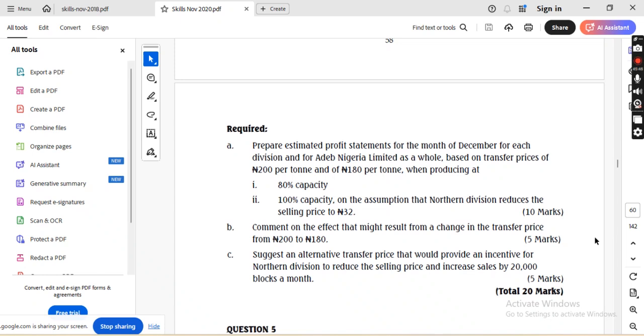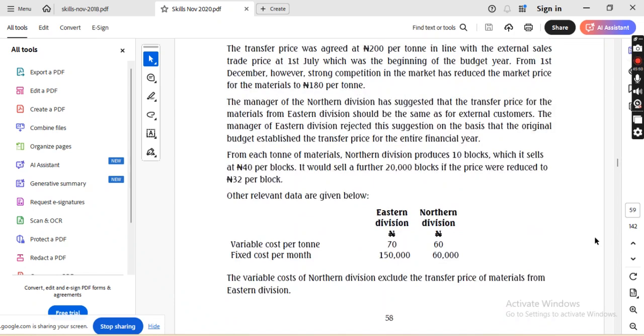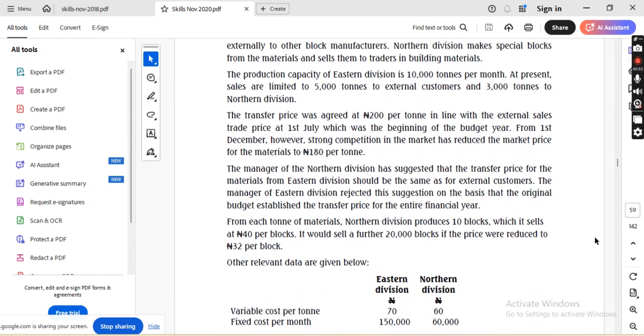Now, don't forget that the initial transfer price for the two is based on what is it called?